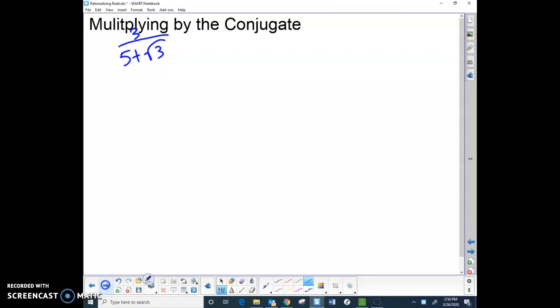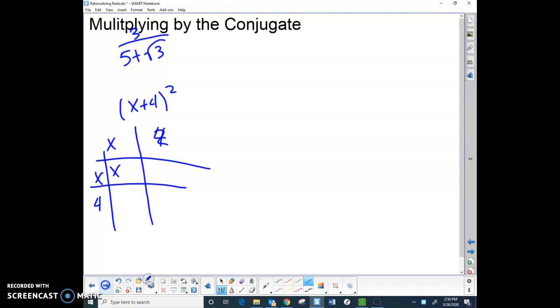Now, if you remember way back when we were doing factoring and quadratics, if we had something like x plus 4 squared, this gives us a middle term when we multiply it out. Okay, we did the boxes. We've got 4x, we've got 4x, and we've got 16.